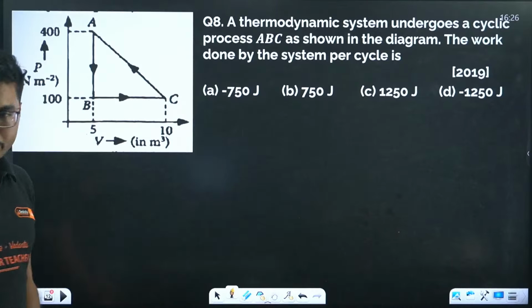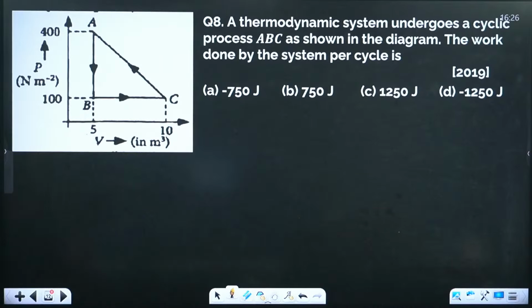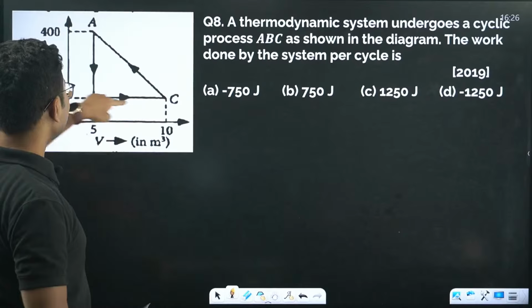Okay, now calculate the work done here. Work done in case of PV diagram is area under the graph.